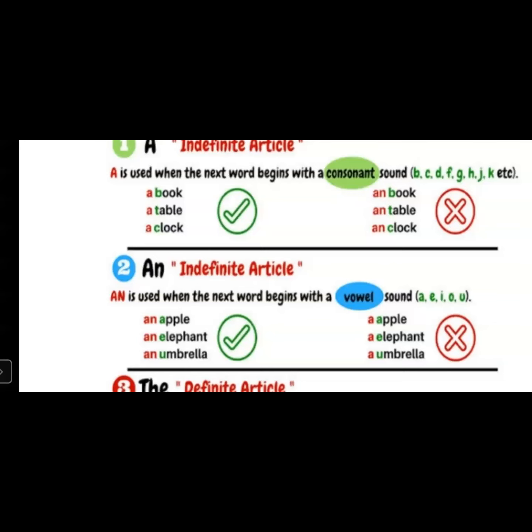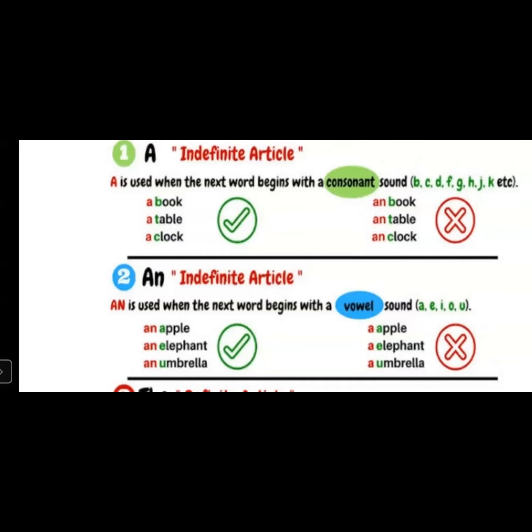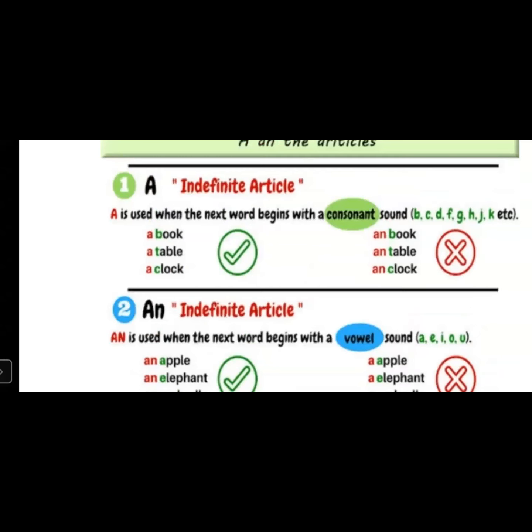Whereas when I am telling about the consonant sound, we are using a. A is used when the next word begins with a consonant sound, that is B, C, D, F, G, and so on. Here you can see a book, a table, a clock. Now, I'm not telling you a book, a table, a clock with a long vowel. This is the wrong pattern of English.